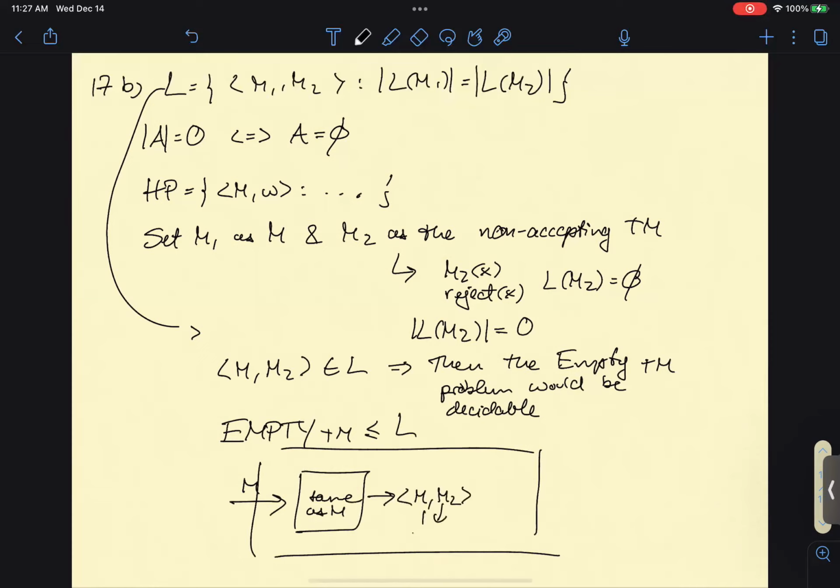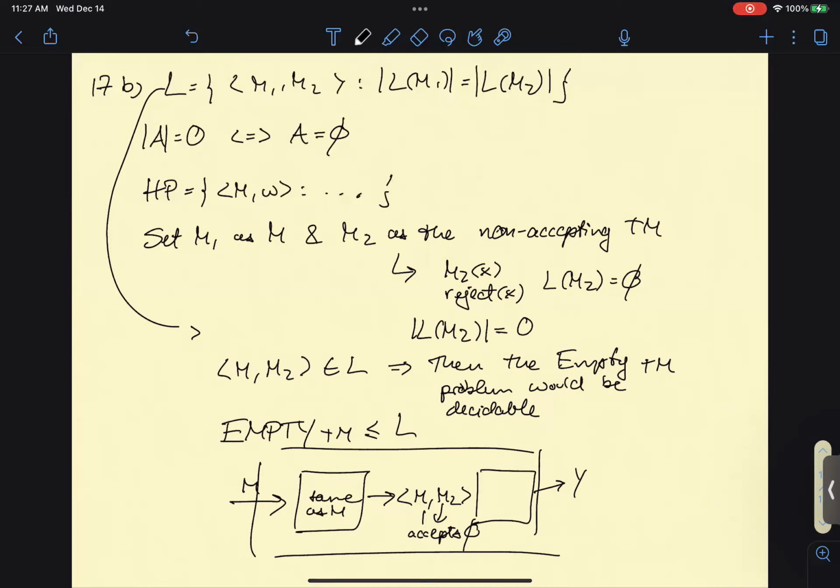So M2 accepts the empty set, okay? And so the language accepted by M has cardinality 0 if and only if it's equal to the empty set, right?